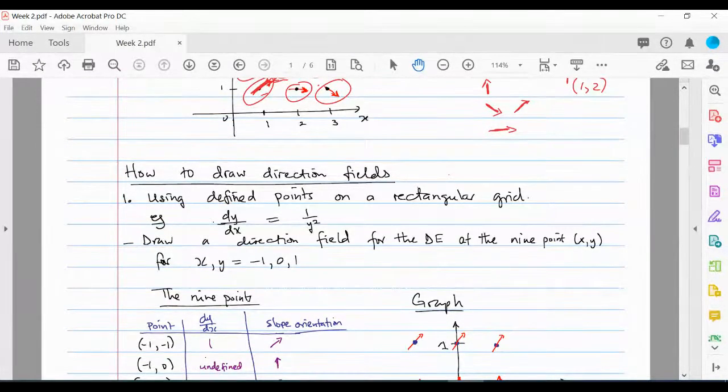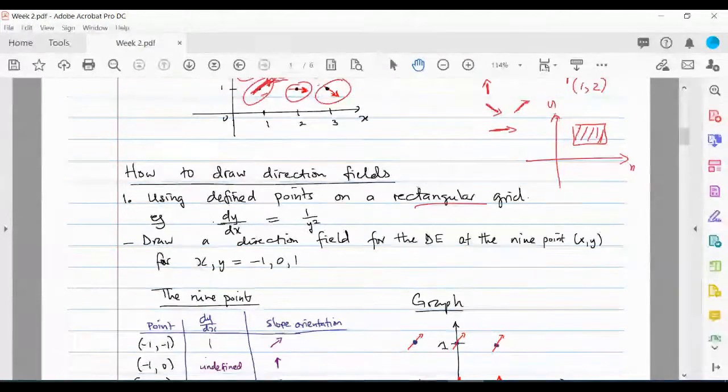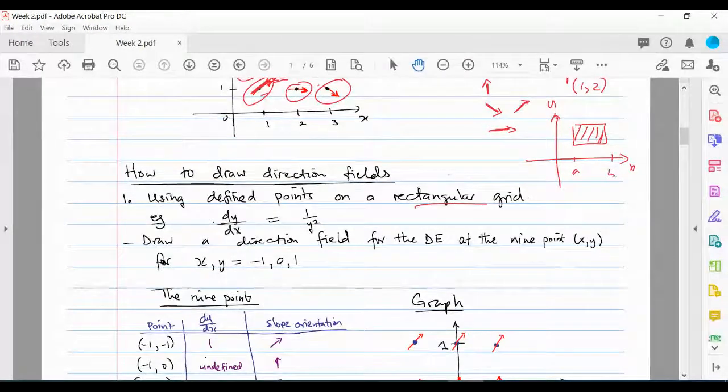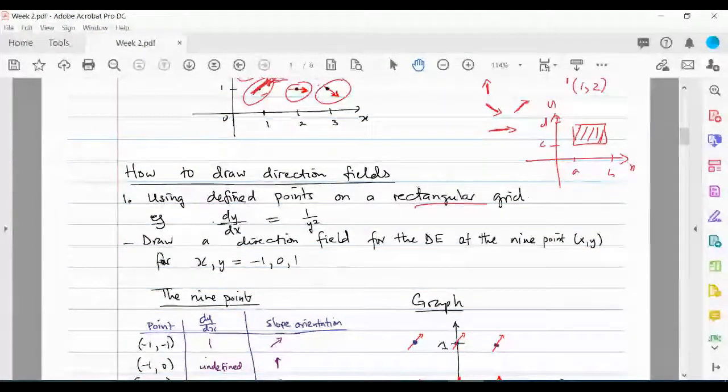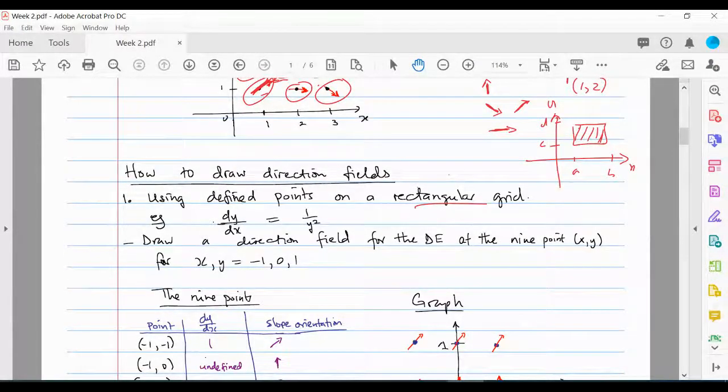One is using points on a rectangular grid. By saying rectangular grid, we are just saying that on the XY plane, we define a specific region where the solutions will exist: a, b, c, d. That's the rectangle we are talking about.